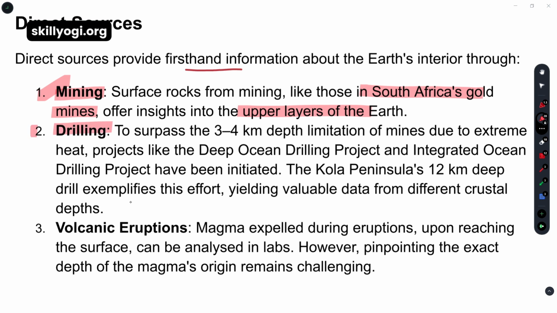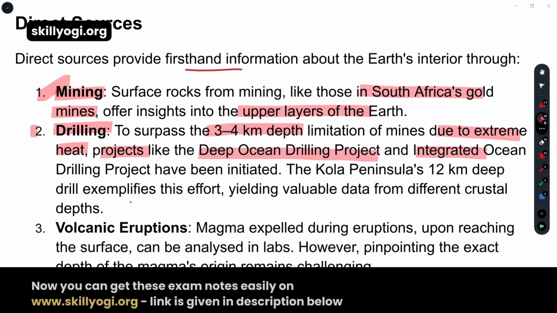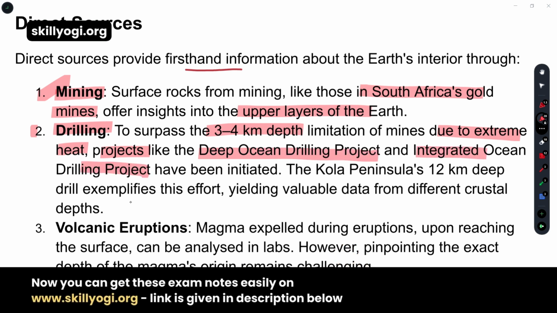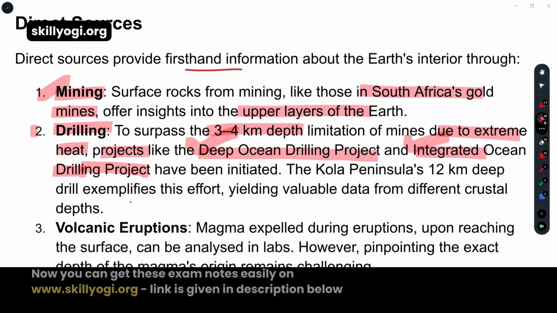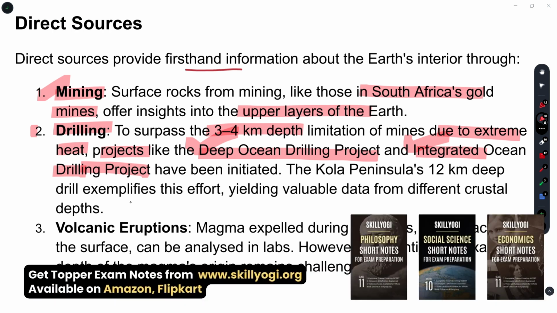Second is drilling. To surpass the 3 to 4 kilometer depth limitation of mines due to extreme heat, projects like the Deep Ocean Drilling Project and the Integrated Ocean Drilling Project have been initiated. These two drilling project names are very important for short notes. So drilling is also a direct source of information.